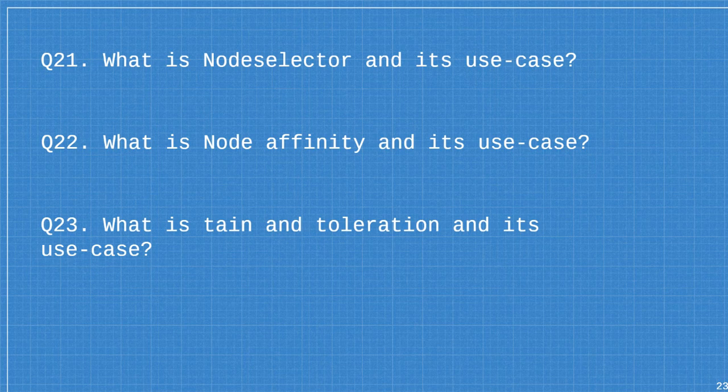What is taint doing? It will not let any pod schedule on that node. Like, I have 10 applications, and only one application requires this high memory instance. The others work okay with the average kind of instance. So I will give a taint on that node and pass the toleration only to the application which requires that node.